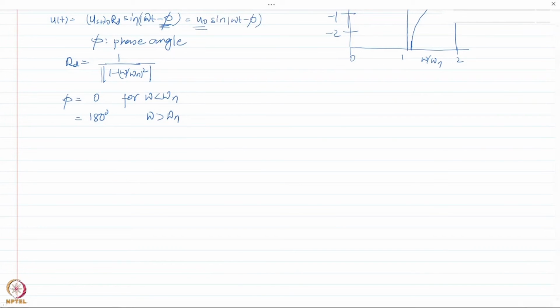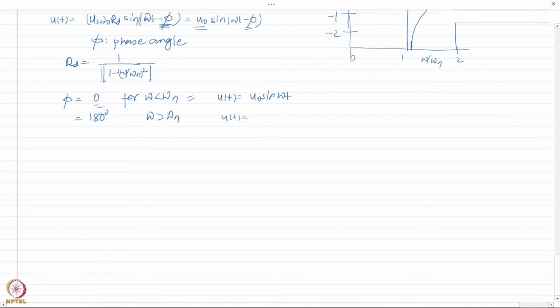Now if omega by omega n is less than 1, which is this condition here, my phi is equal to 0. So ut would become u naught times sine omega t minus 0, which is sine omega t. However, if omega is greater than omega n, then ut would become u naught times sine of omega t minus pi, which basically becomes minus sine omega t.